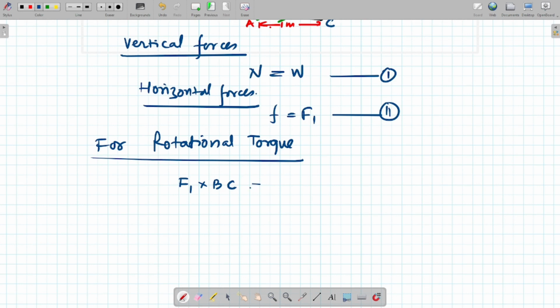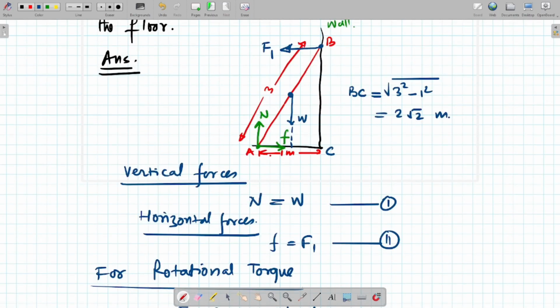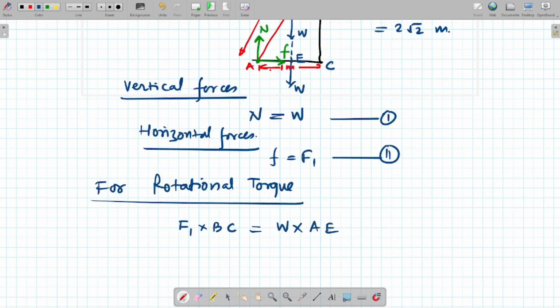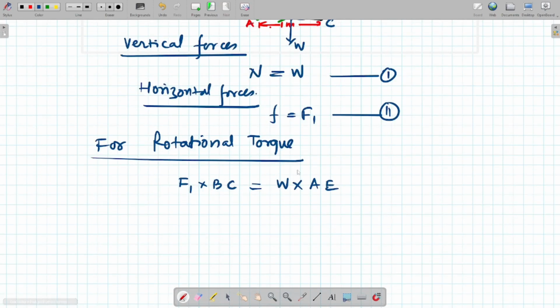W multiplied by AE. Supposing that this point is A, so obviously इसको हम E कह देते हैं. Okay, because this would be your actionable torque.